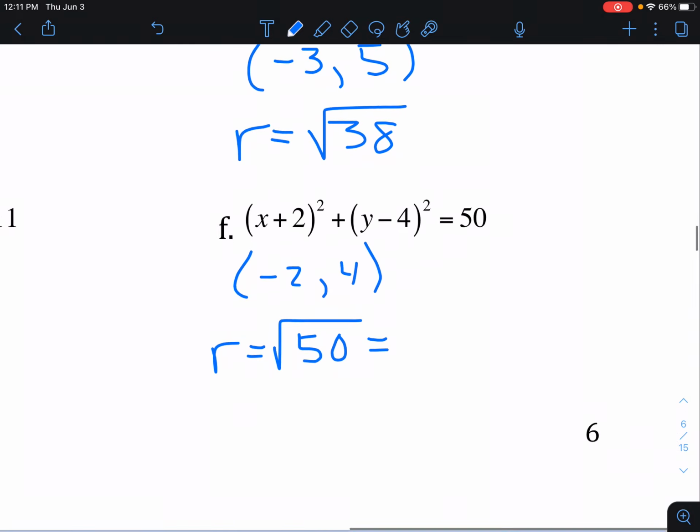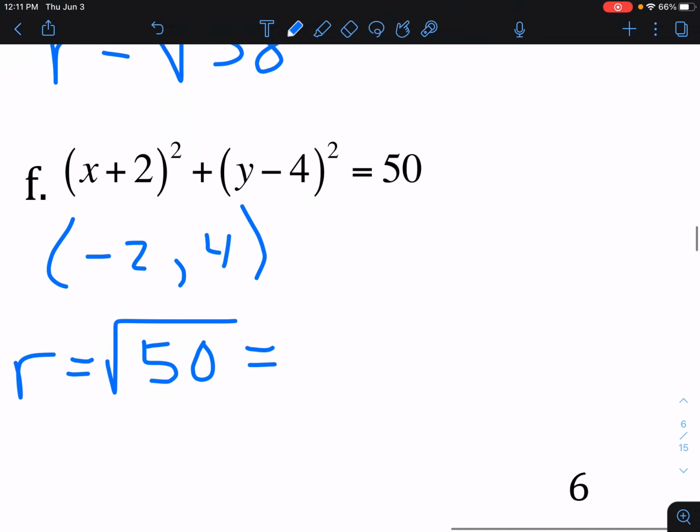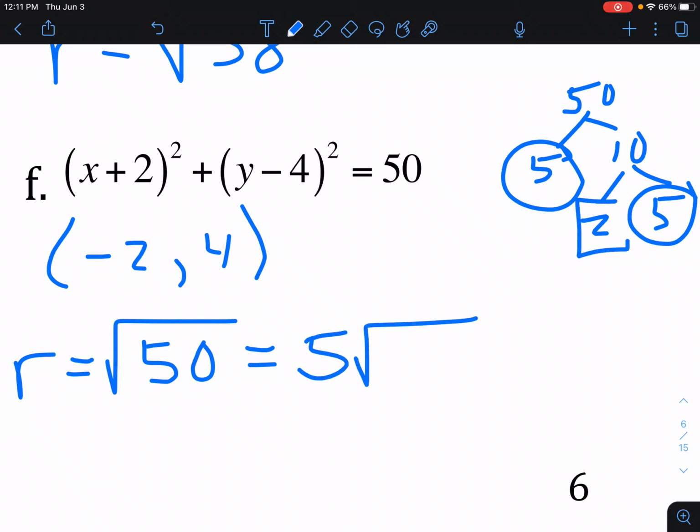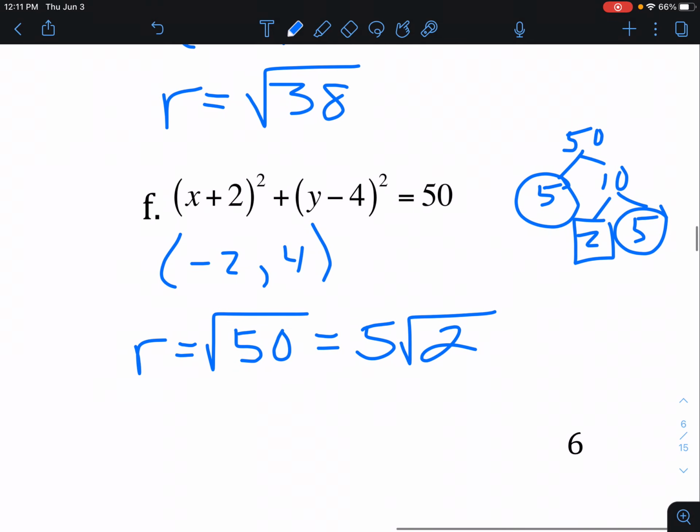Let me break down the square root of 50 on the side to simplify it. So that can be 5 and 10. 10 can be 2 and 5. So I do have a 2 of a kind in 5s, so 5 comes out. And this 2, there's no 2 of a kind for 2, so 2 is stuck back in. So your radius is 5 times the square root of 2.